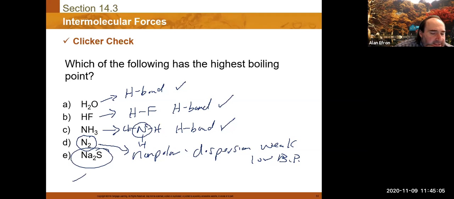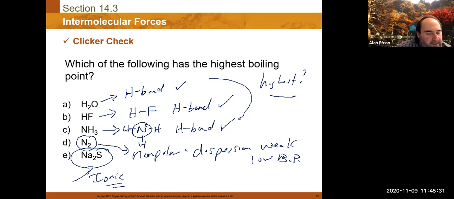And over here, this is ionic, right? This is a metal and a non-metal. So take a second, think which one you think should be the highest boiling point out of these. And you may say to yourself, well, it's hard to choose since these all are hydrogen bonding. That should have our highest.